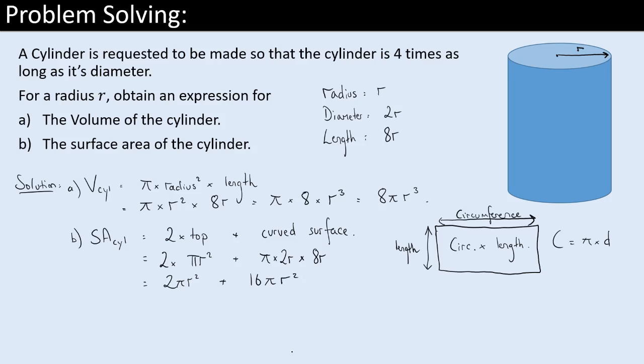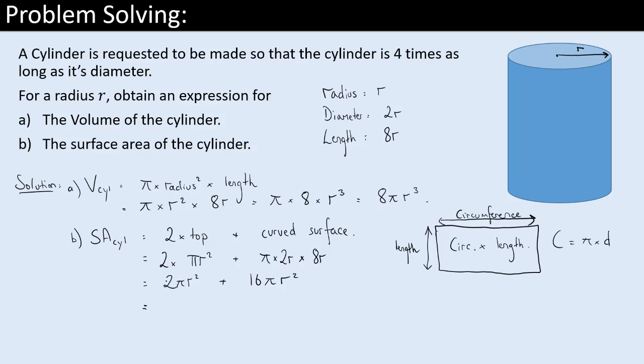Now, if you remember our examples for our standard index laws, we said that if we were multiplying or dividing, our powers get affected. But if we're adding or subtracting, our powers have to be the same for us to do an addition or subtraction. And that is exactly what we've got here. We've got the same power and the same letter.